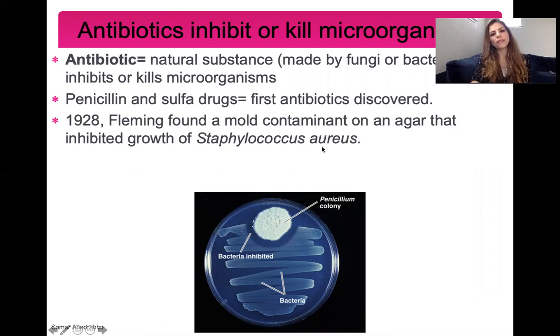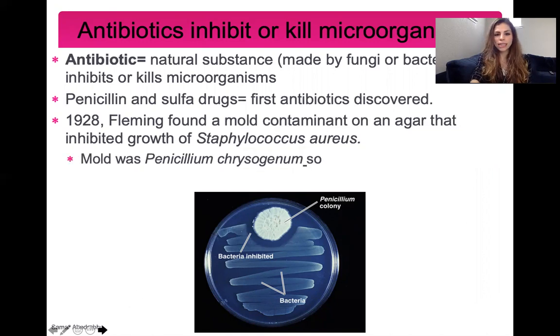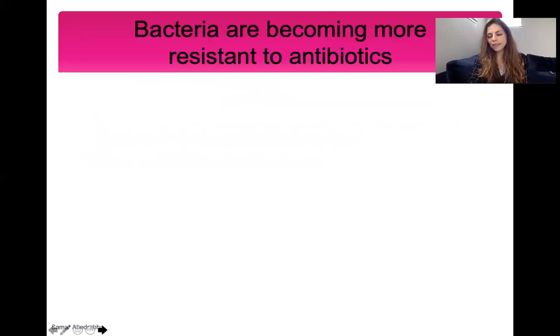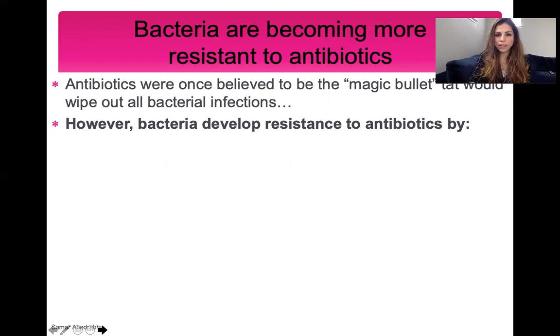Specifically, he was looking at Staphylococcus aureus. The mold was Penicillium chrysogenum, and he noticed that this mold did inhibit the growth of different bacteria, specifically Staphylococcus aureus. And so this chemical was named penicillin. Penicillin is part of a big family of antibiotics that targets the cell wall in bacteria. There are many different ways we can discover antibiotics, but that was the first way that antibiotics were discovered.